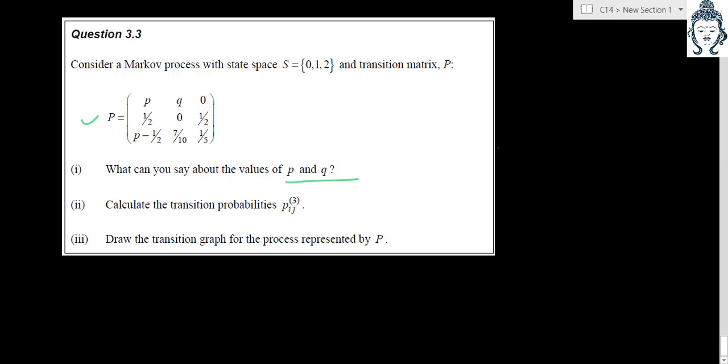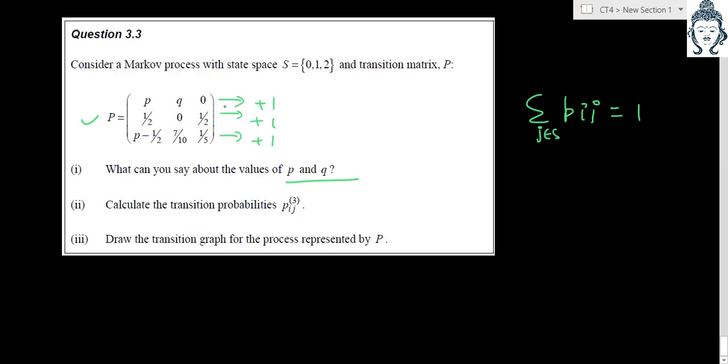Now how do I go about solving this? I know that each row of this matrix should sum up to 1, because of the property that the rows of a transition matrix sum up to 1, since the sum of p_ij over all the possible values of j that belong to the state space is always equal to 1.